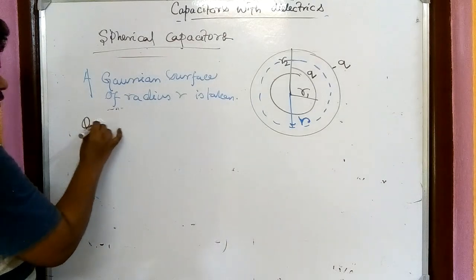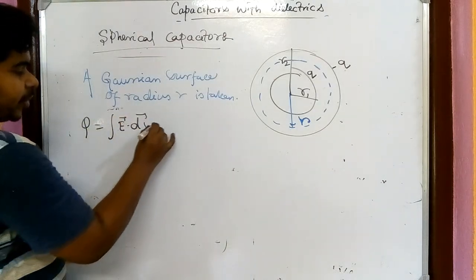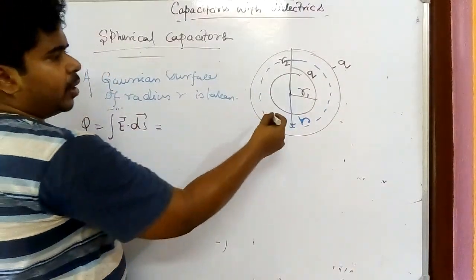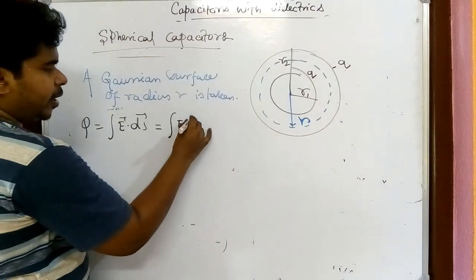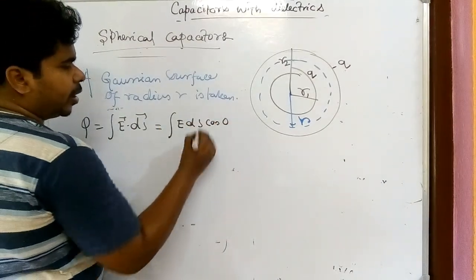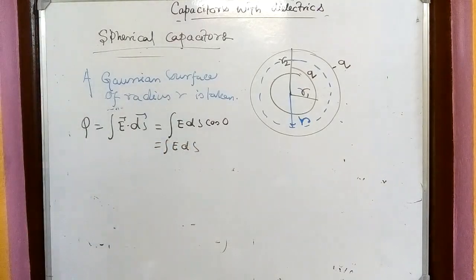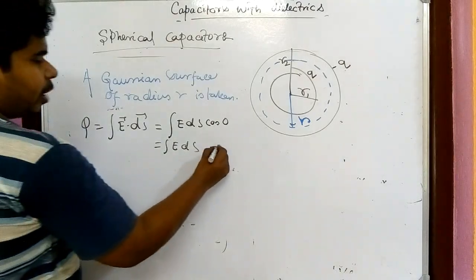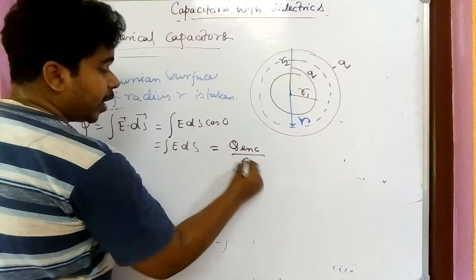We know phi equals the integration of E dot ds. Here the electric field is acting outward and the area is also acting outward, so we can write E ds cos 0 degree. So it is the integration of E into ds, which should be the total charge enclosed divided by epsilon naught.